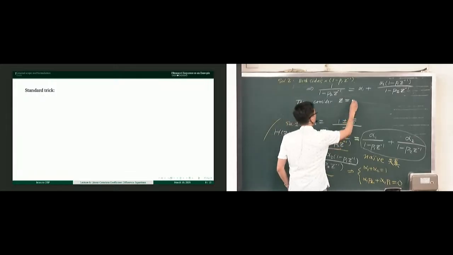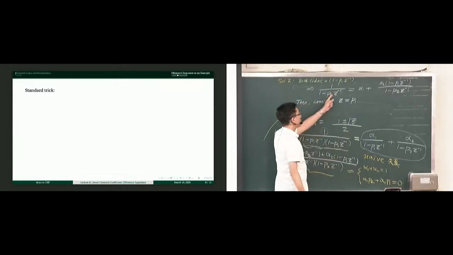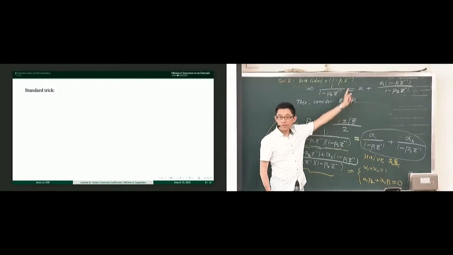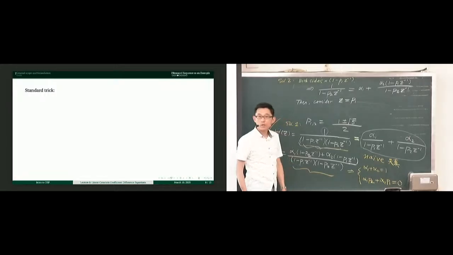P1. Evaluate both sides by making this substitution. 代入, making this substitution, let Z be P1 and substitute. Then what do you see? Then what do we have? You see what's going on?